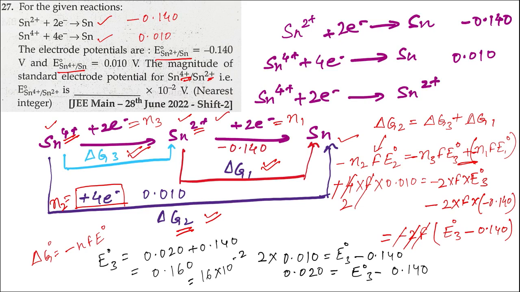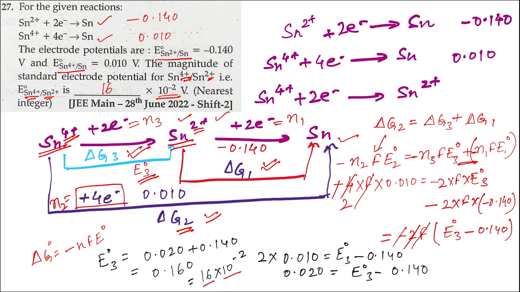the value of E naught for Sn4+ changing to Sn2+, that is the reduction potential for this change, is equal to dash into 10 to the power minus 2. So here in the fill in the blanks the answer will be 16, because the correct answer is E naught 3 equal to 16 into 10 to the power minus 2.